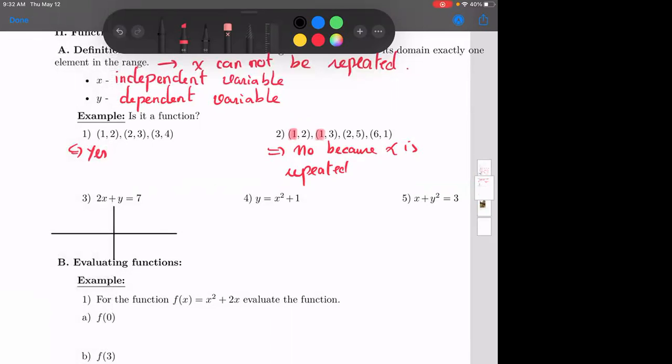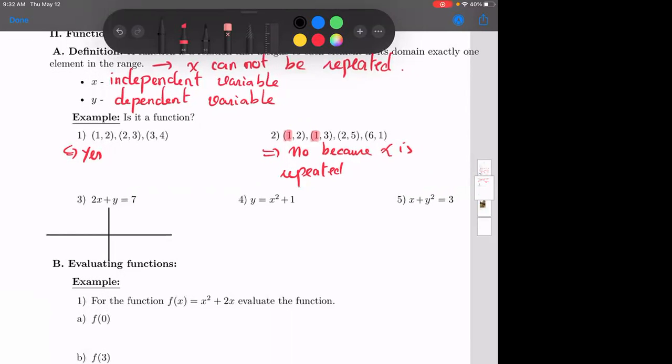Okay. Someone pick me a value for x. When x is 0, y is 7, right? So I'm just gonna say 7 is right here. You're supposed to have a little arrow, but I don't have enough space. When x is 1, what's y equal? 5, right? You can do it in your head.